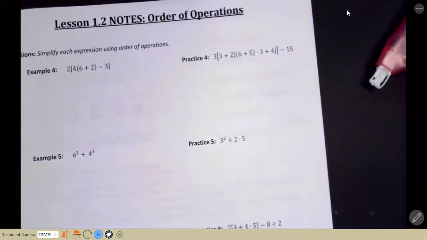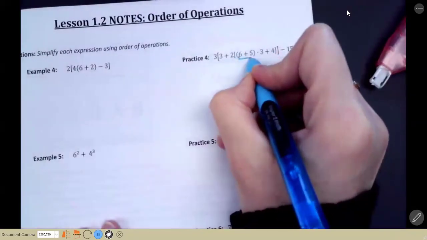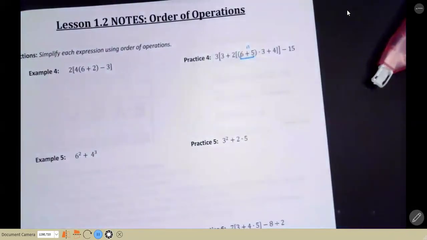When we are looking at parentheses, we want to start from the inside out. So we want to start with the innermost grouping possible. In this problem, the innermost grouping is 6 plus 5, and we know that's 11. When we bring everything down, because that's how we're going to show our work, even though you might be able to not show all of it, we're going to do it anyway.